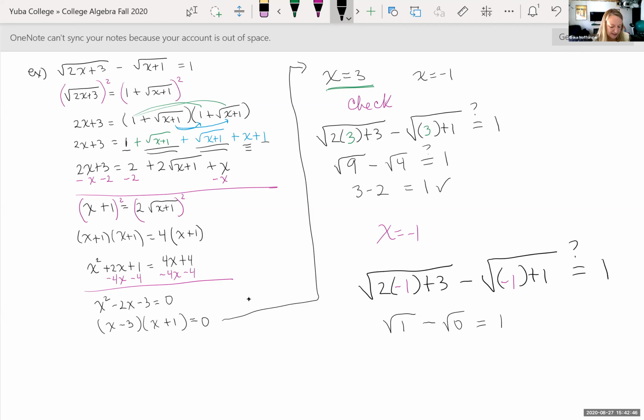So 1 minus 0 is 1, and 1 is equal to 1. So both of the solutions work. So our solutions are x equals 3 and x equals negative 1.